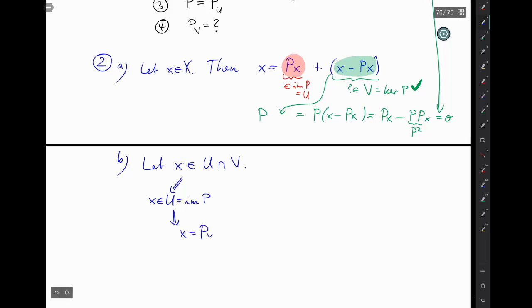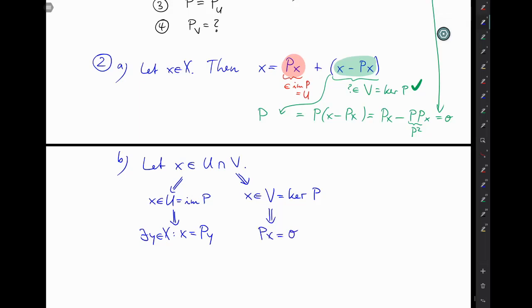Well, let's say P of y for some y from our space X. Okay, and now let's exploit the second statement, which is that x is in V, which is the kernel of P, which just means P applied to x gives you the 0 vector.